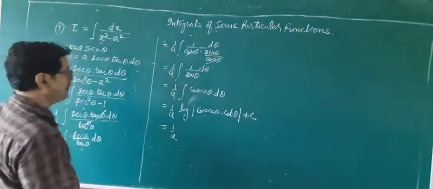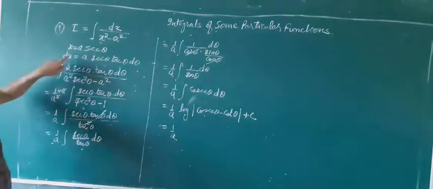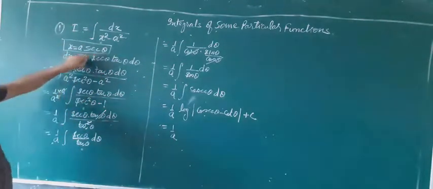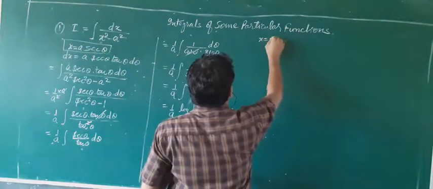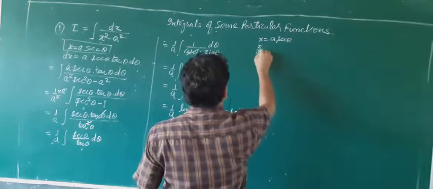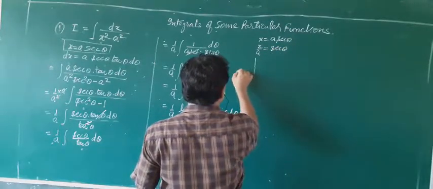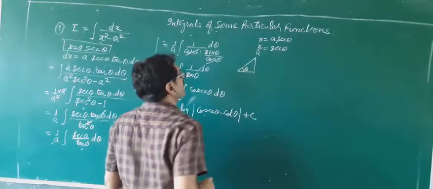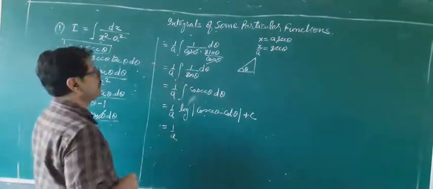Now we have to solve this cosec theta minus cot theta. Here we assumed x is equal to a sec theta, so x upon a is equal to sec theta, and we know that in a right angle triangle sec theta is equal to hypotenuse upon base.